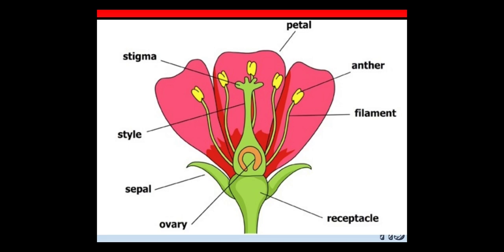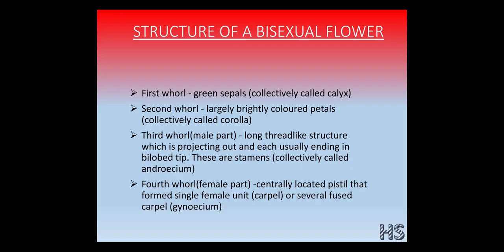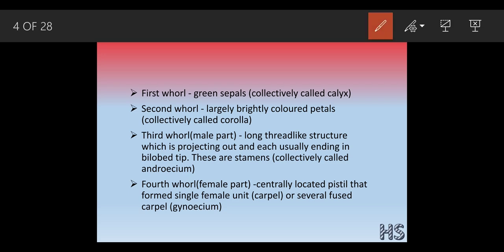This is the structure of a bisexual flower. The word bi means two, two sexes. A flower can be male and female both. That means bisexual in nature.